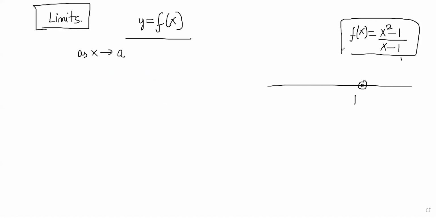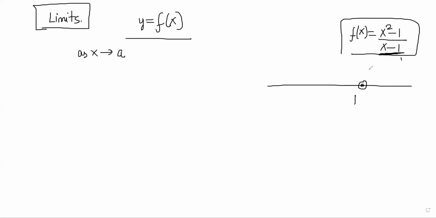Why? Because if you put 1, it is becoming 0 by 0, right? Yes, sir, 1 is not an acceptable input to this function. Everything else is an acceptable input because everything else does not make the denominator 0, right? If the denominator is 0, then the function is not properly defined.